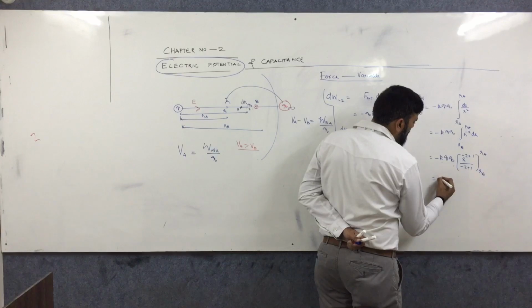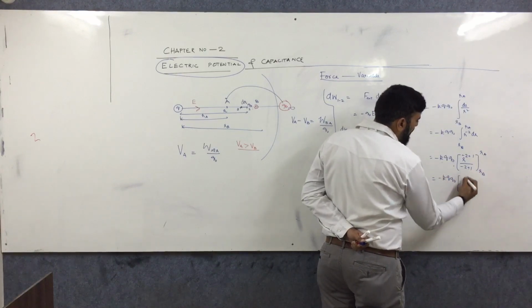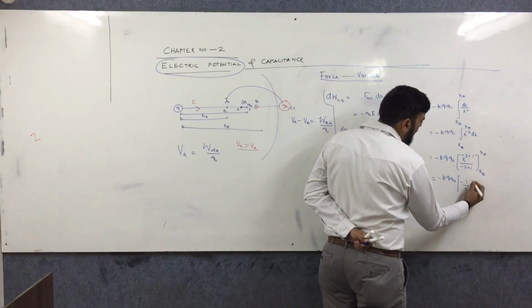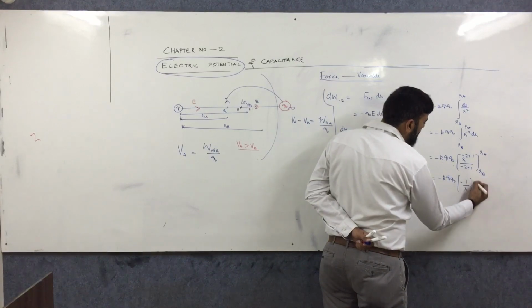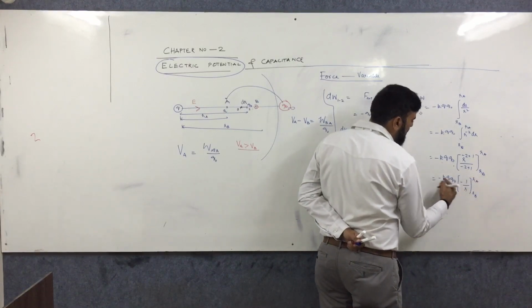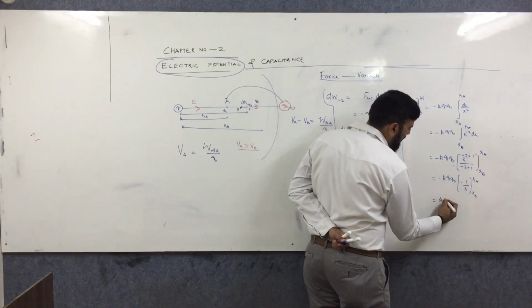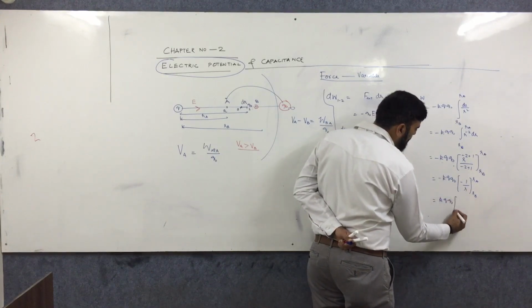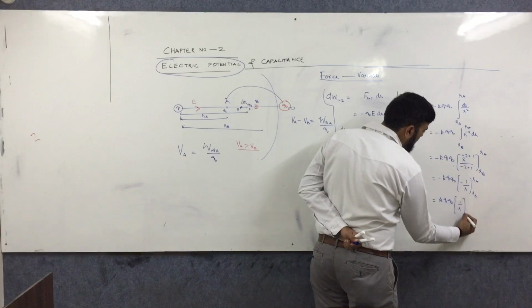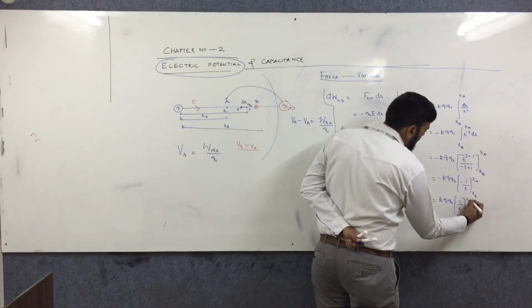This gives minus k q q0 times minus 1 by r from RB to RA. The minus minus goes off. What do we get? k q q0 times 1 by r from RB to RA.